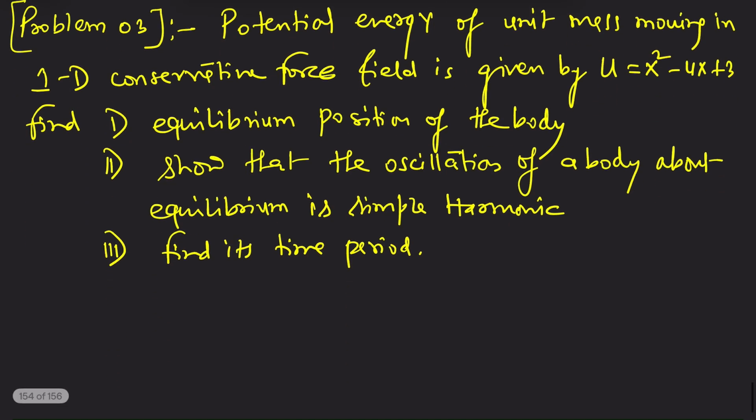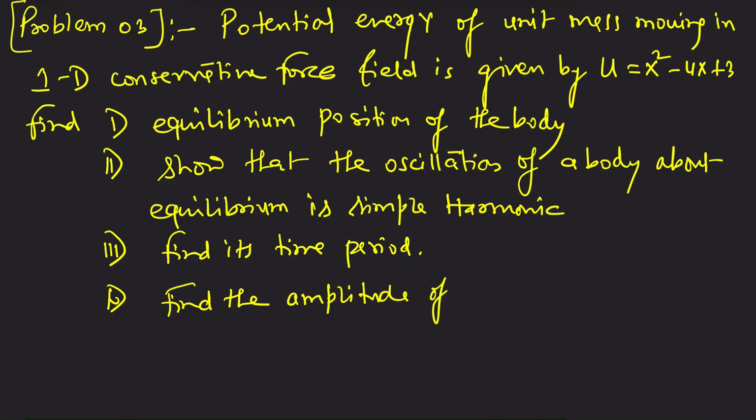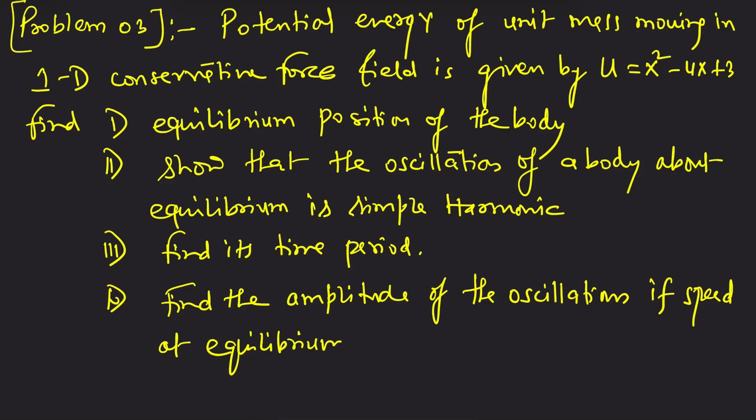And fourth, find the amplitude of the oscillations if the speed at equilibrium is 2 root 6 meter per second.